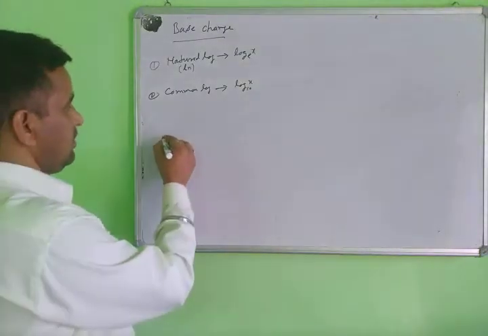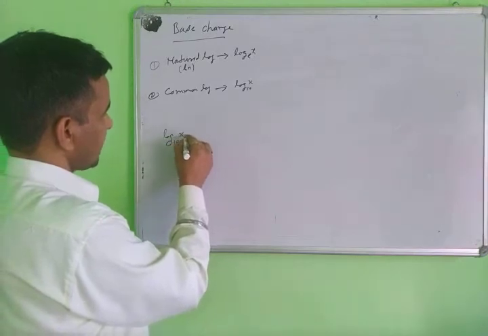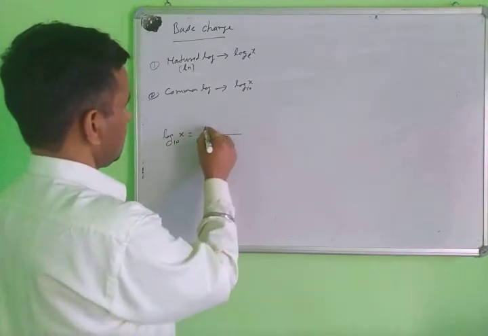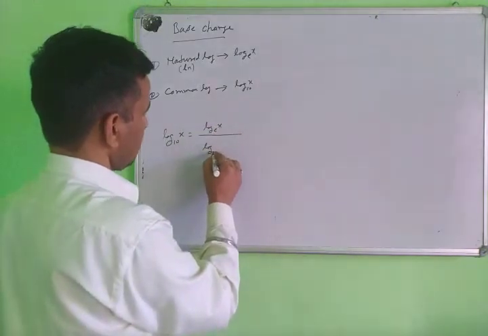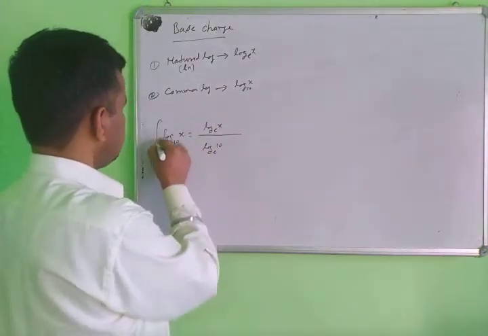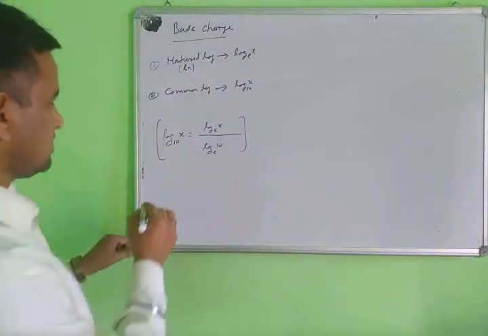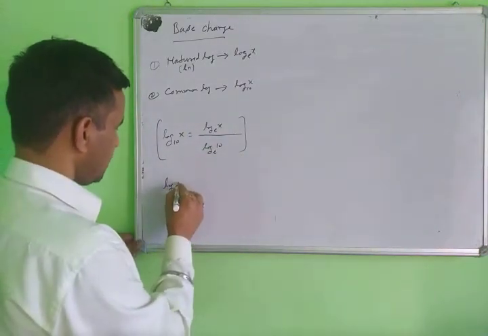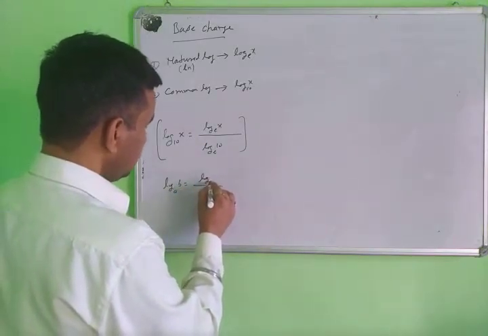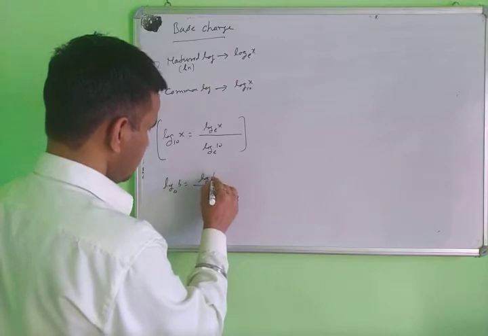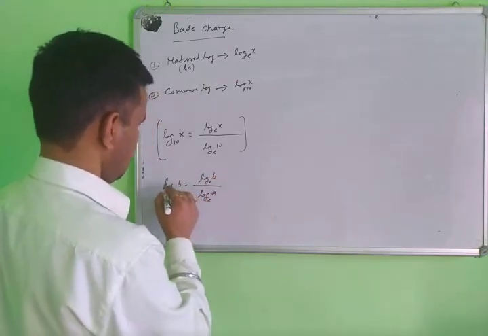Suppose here log base 10 of x, then we write log base e of x upon log base e of 10. This is the identity: log base a of b equals log base e of b upon log base e of a.